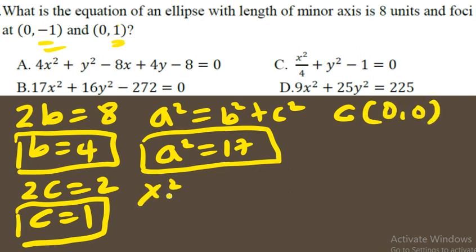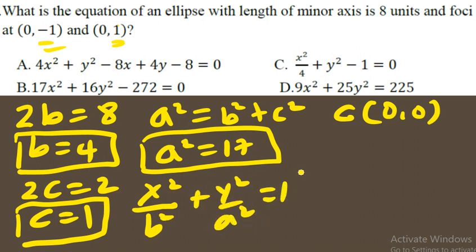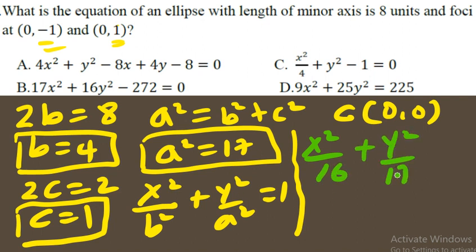It will be x square over b square plus y square over a square equals 1, because it's a vertical ellipse. So x square over b square, 4 square, that is 16, plus y square over a square, 17, because it's a vertical ellipse. The larger of the two must be the denominator of the y, since it's vertical, is equal to 1.